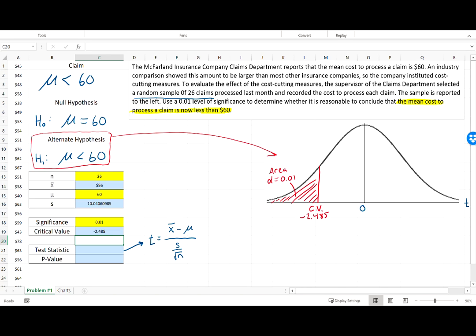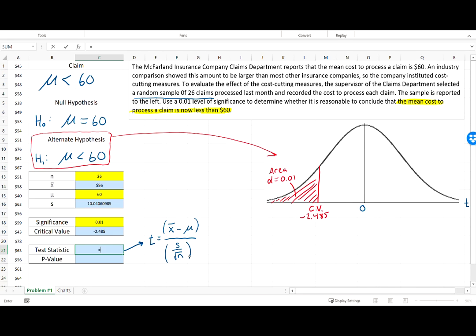Okay, so let's put that in here for our test statistic, and we could use parentheses for the numerator and also the denominator, so we'll make sure Excel follows the order of operations that we want.